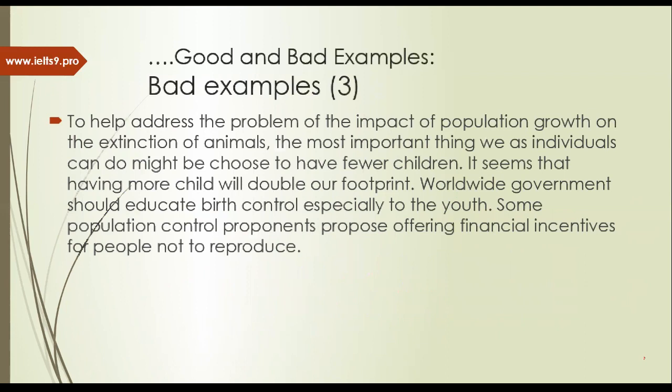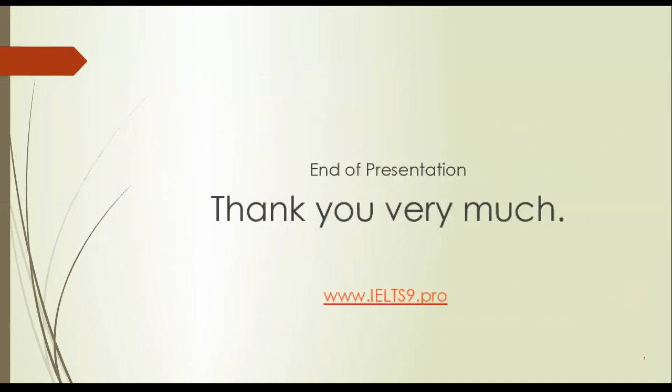Some population control proponents propose offering financial incentive. Oh dear, dear. Well, there is a main idea. There's too many people, but there's no development, there's no clear example. It's a bit of a jumble. So that's not so good. That's not what we need.